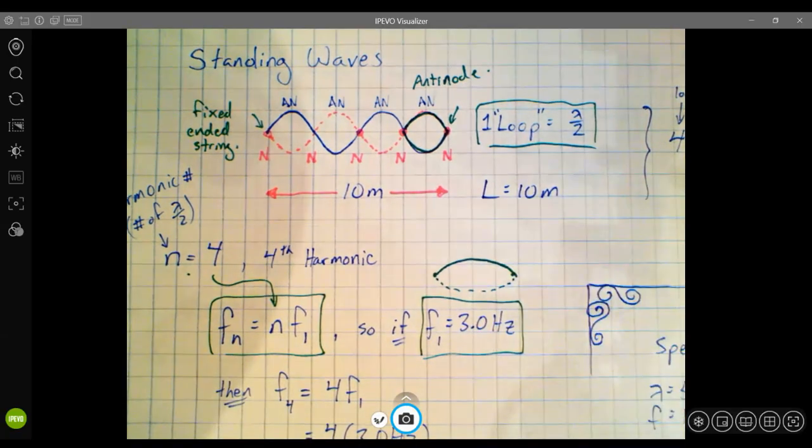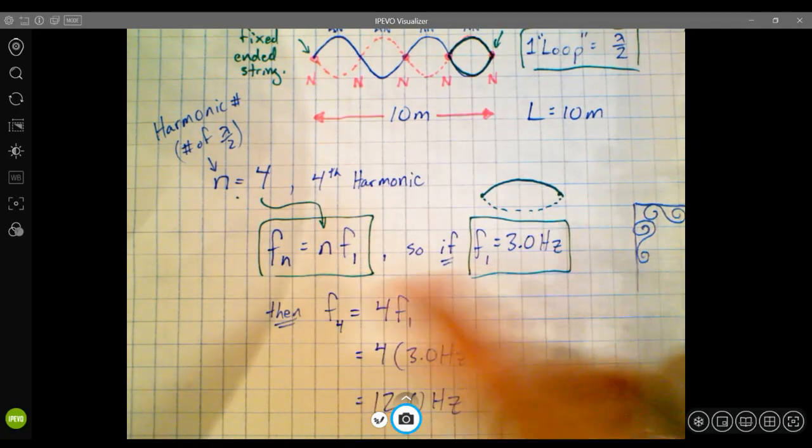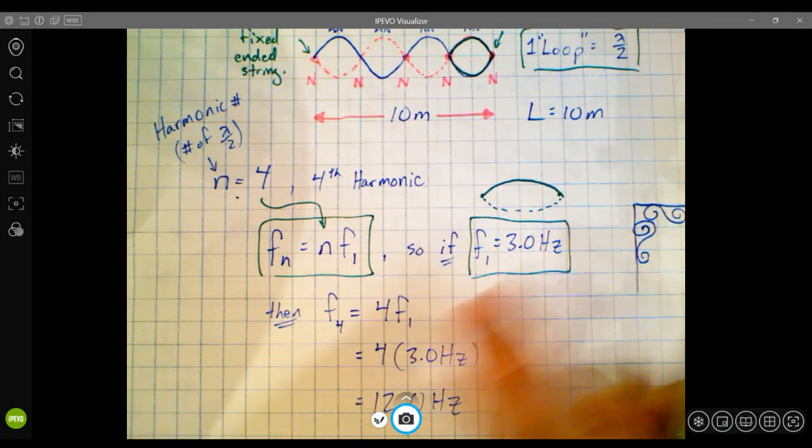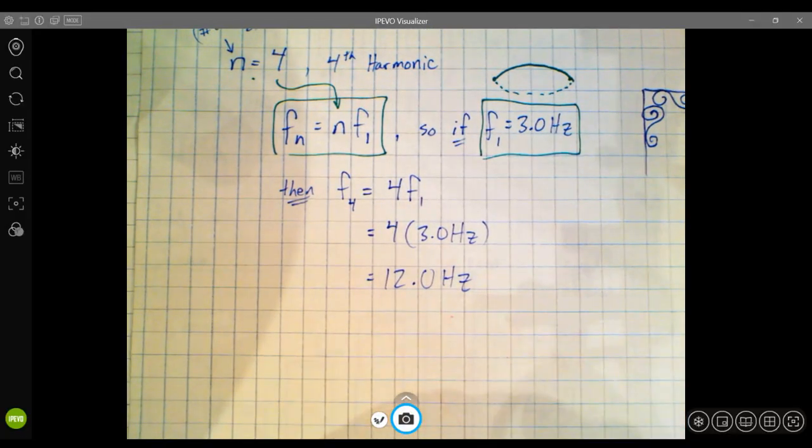But given the equation Fn equals n times F1, F4, the 4th harmonic resonance frequency, would be 12 hertz.